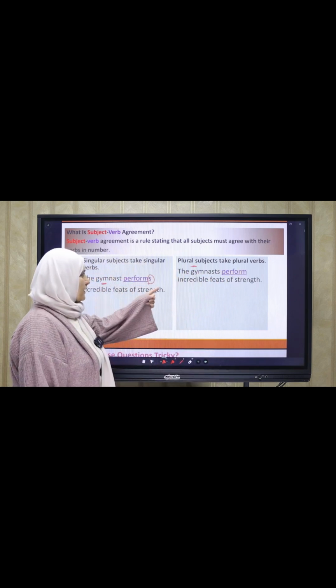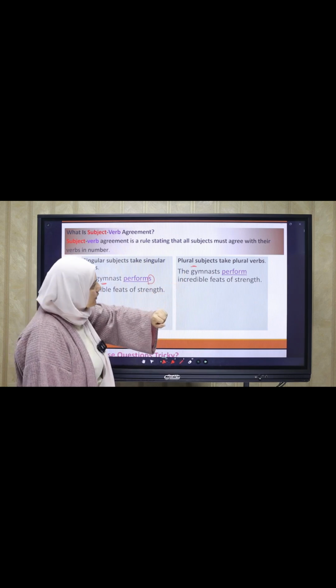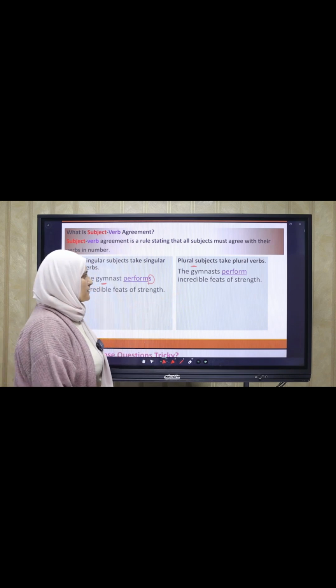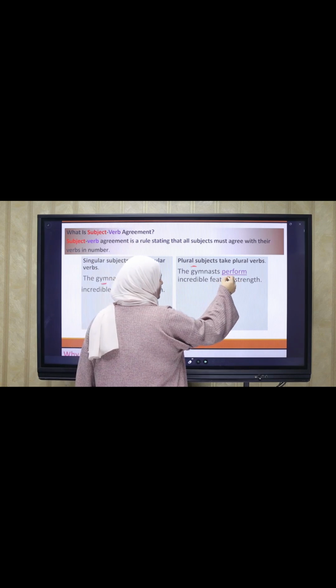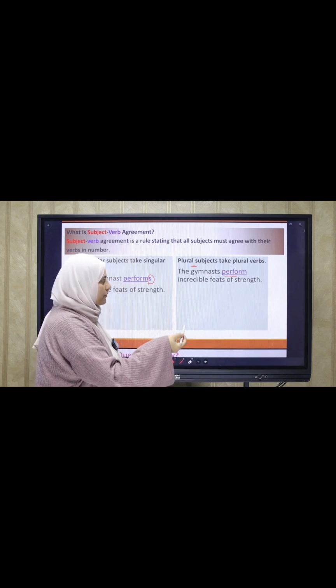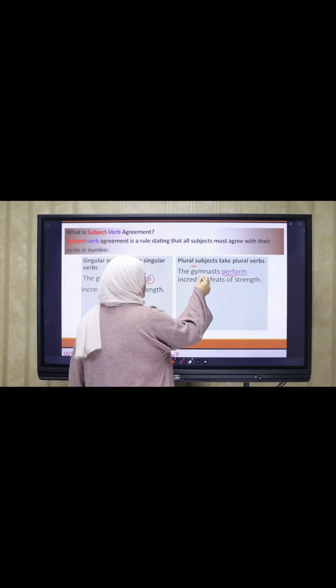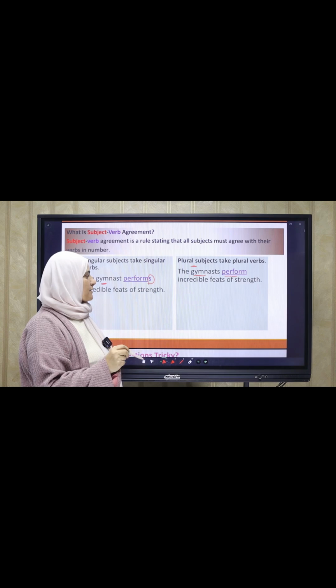plural subjects take plural verbs. Here, the gymnasts perform incredible feats of strength. Where's the subject? Who does the action of performing? The gymnasts, so the gymnasts is the subject.